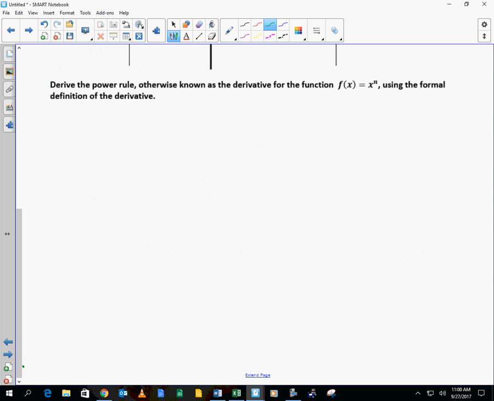It is beautiful. We want to use the limit as h goes to 0 of f of x plus h minus f of x all over h. We want to use that to find the derivative of this function, f of x is equal to x to some power, the nth power.